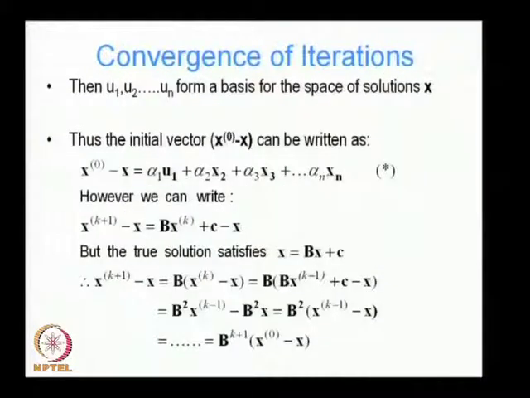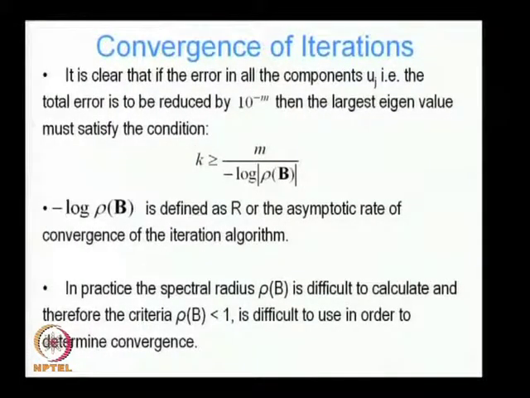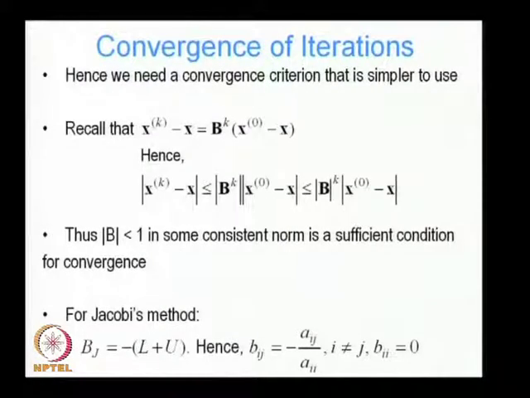So, we need some other indicator of convergence which is relatively simpler to obtain than actually going ahead and doing a spectral decomposition of B. In practice, the spectral radius ρ(B) is difficult to calculate, and therefore the criterion ρ(B) less than 1 is difficult to use in order to determine convergence. Hence we need a convergence criterion that is simpler to use.